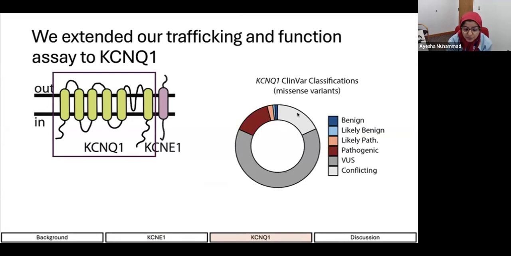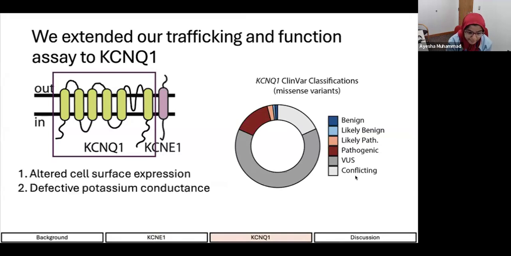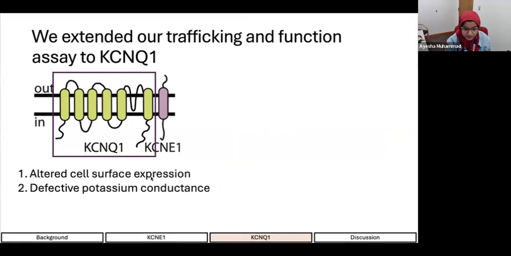You'll notice that a majority of these variants also have VUS or conflicting interpretations. Again, looking at the two major ways in which we assessed function for KCNE1, for KCNQ1 we also assessed alternate cell surface expression and defective potassium conductance.